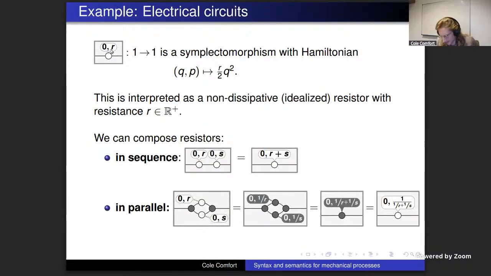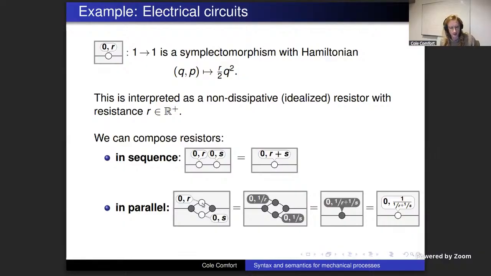However, now we have these wires which can split in 2, which allow us to do non-deterministic things. So if you take a wire, split it in 2, and you put one resistor on the top wire and another resistor on the bottom wire, and then you fuse the wires back together, then you can use the equations which I gave, and get the rule for composing them in parallel, just using the string diagram.